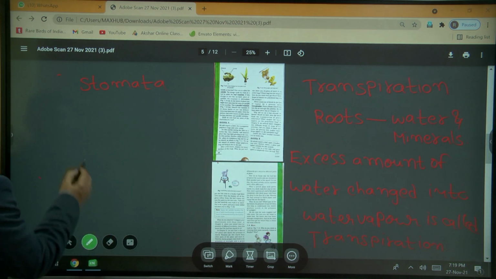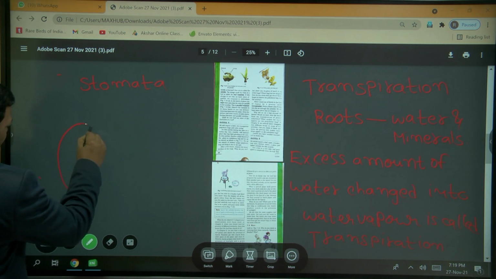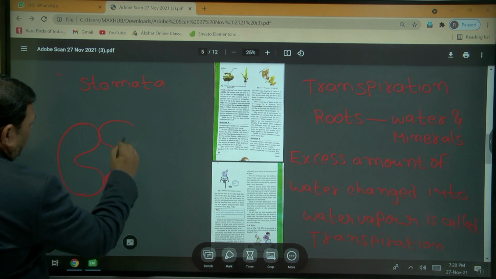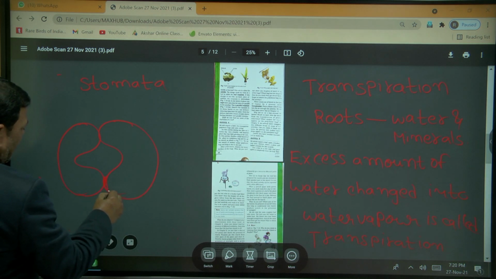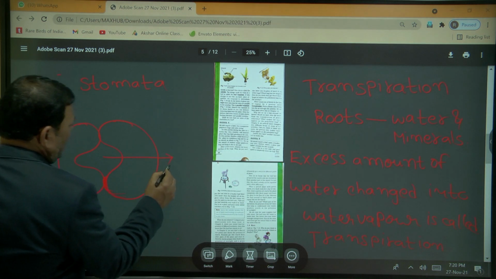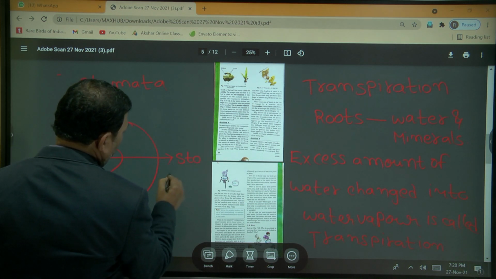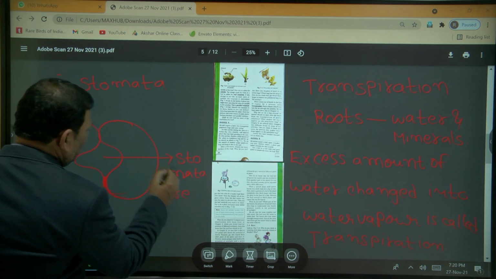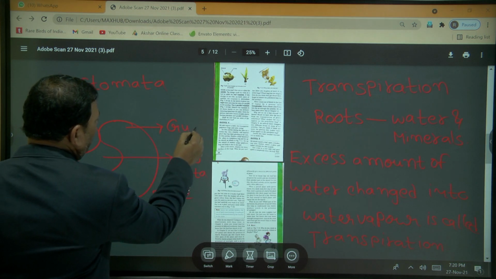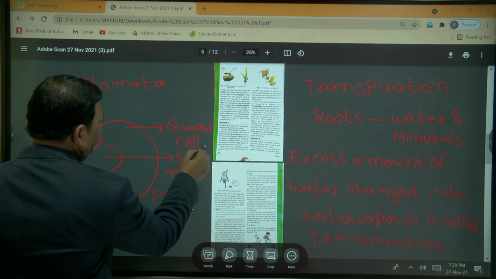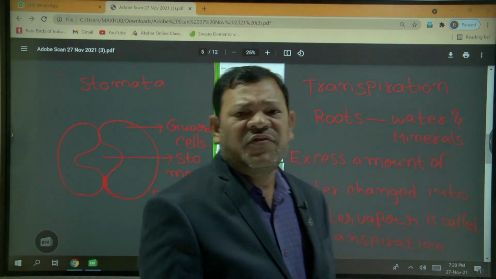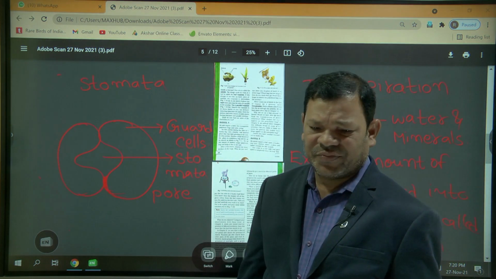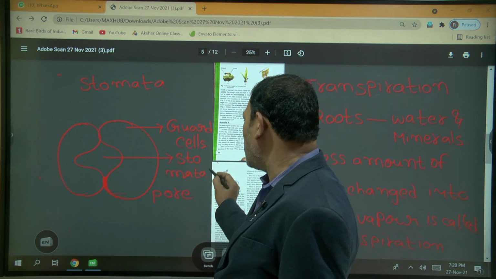If you see the stomata, this is the stomatal pore.